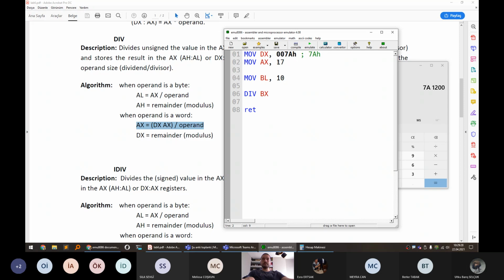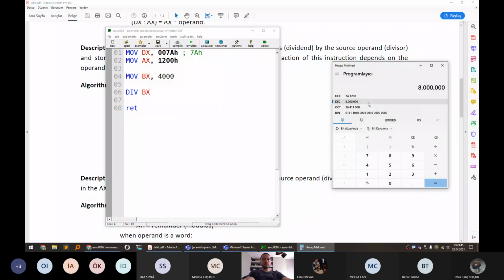The AX part is 1200H, and I'm going to divide this 8 million by 4,000. What was the 4000 value in hexadecimal? It is FA0. I'm going to use 4000. Make the division operation.